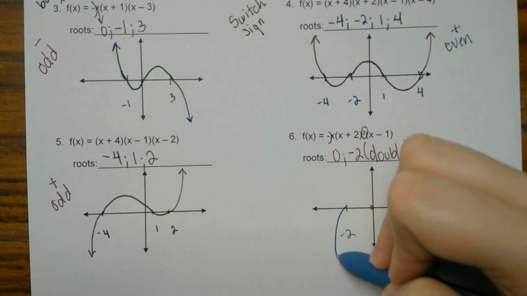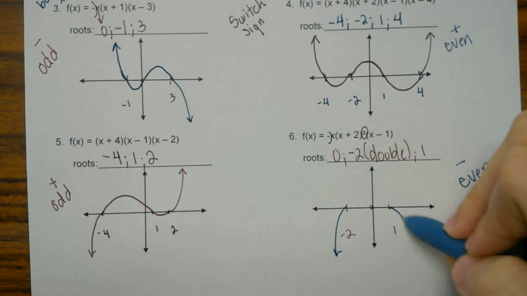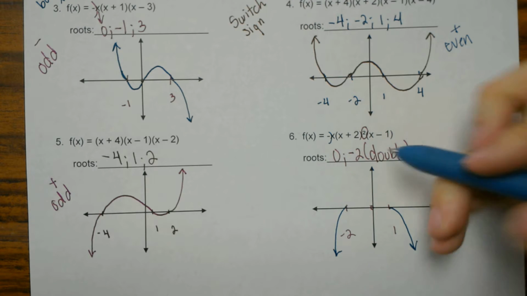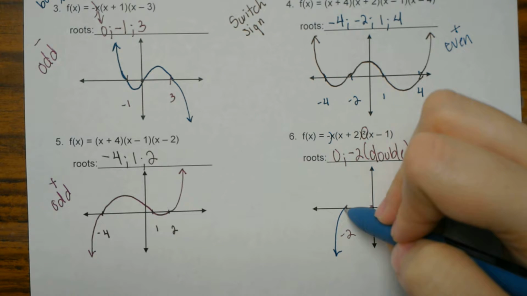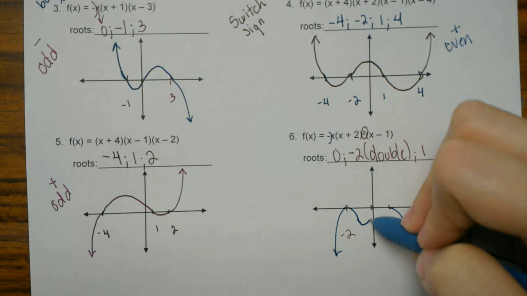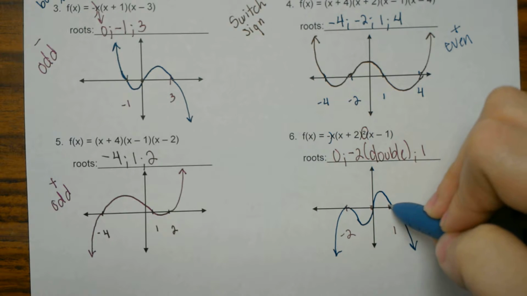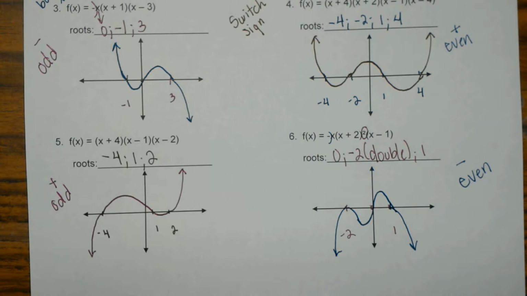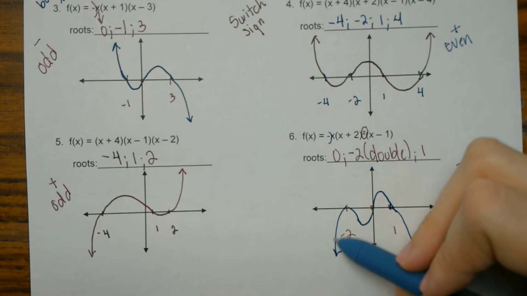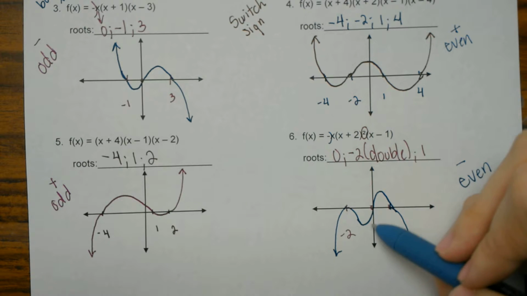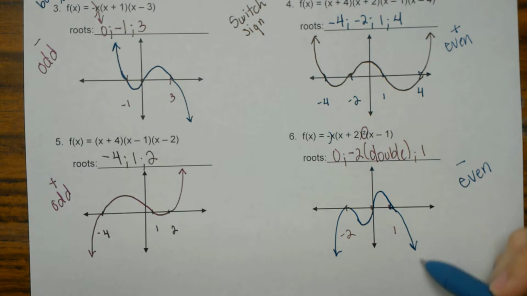So it starts below on the left and it's going to stay below on the right. So at -2, it's a double, so it's going to bounce, then curve back up and hit at 0 and go above, and then come down and hit 1. So it has a little bit of a W thing happening, but it bounces, and then it goes up above the x-axis, and it comes back down below the x-axis.